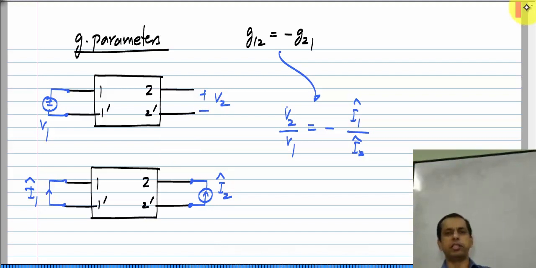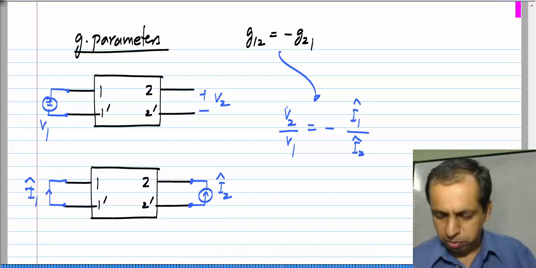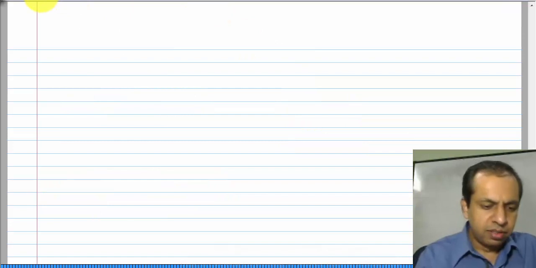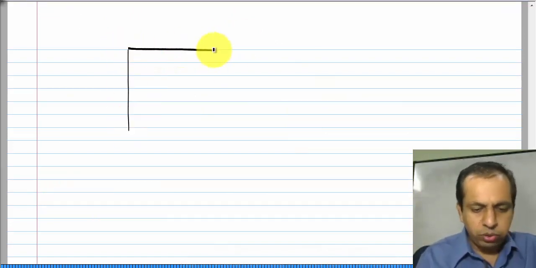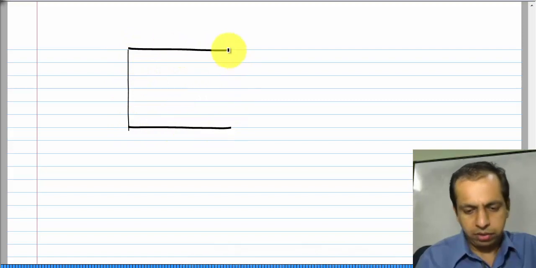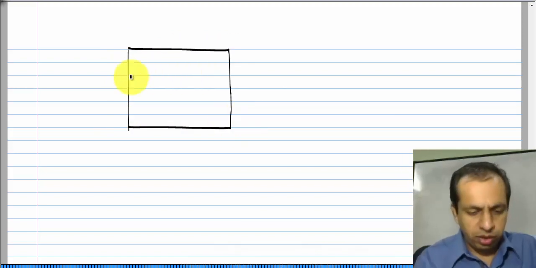Now, these are all the implications of reciprocity in terms of the 2 port parameters we have defined, but the main use of reciprocity is that, let us say you already know some result, okay, with a particular source.